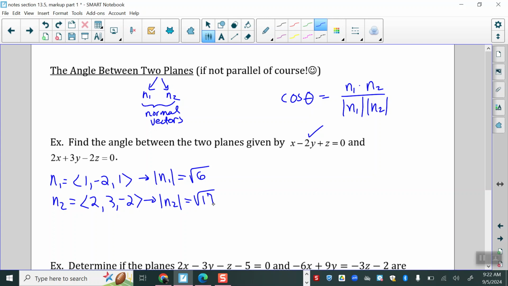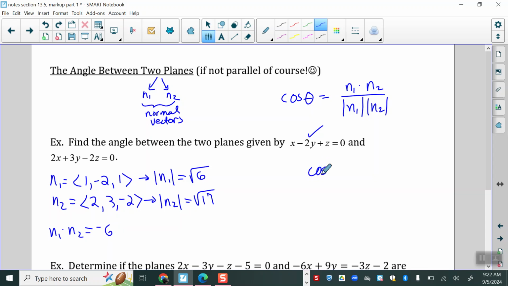And then we can also figure out the dot product. The dot product is going to be 2 plus negative 6, so negative 4, and negative 4 plus negative 2, negative 6. So we'll put that in our formula.